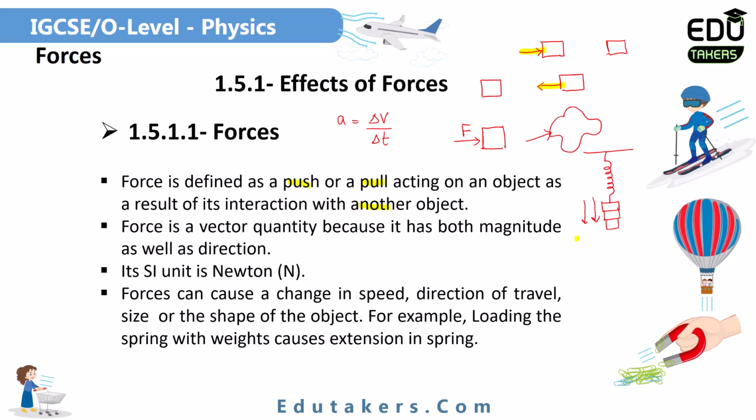When you attach the masses, the length of the spring increases. So by applying force, meaning by attaching the masses here, the size of the object also changes. So you can see here, force can cause a change in speed, which is basically the magnitude of the velocity, direction of travel, the direction of the velocity, and size or shape of the object.